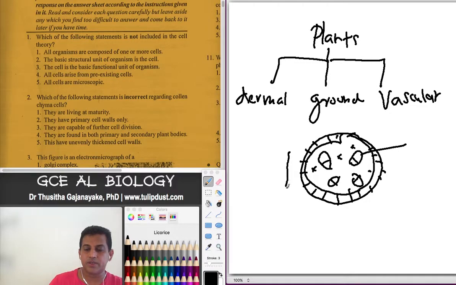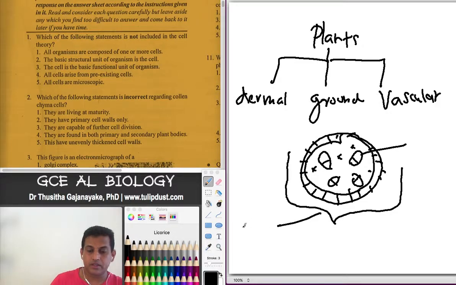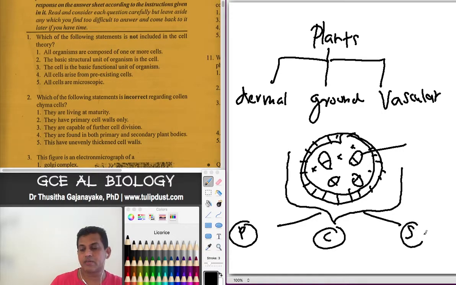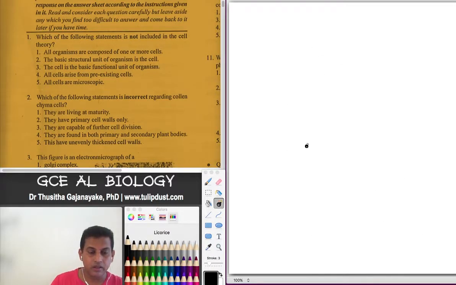All of them are made basically of three different kinds of cells: parenchyma, collenchyma, sclerenchyma. So the question is based on the collenchyma cells.